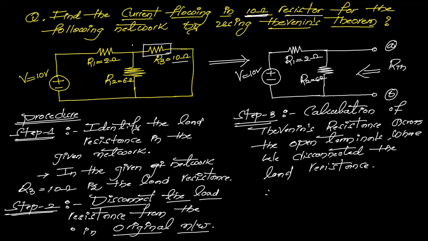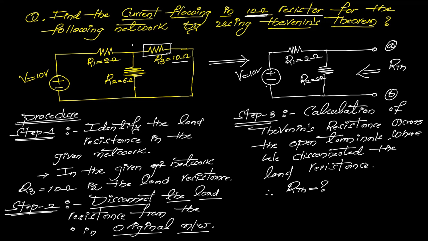When finding the value of RTH, if the network has any voltage source like V equal to 10 volt source, then that voltage source is short circuited, and if there is any current source, then that current source acts as an open circuit. Clear? In this network we have only one voltage source, so this voltage source becomes short circuited.